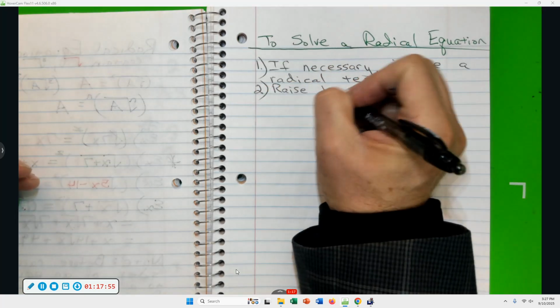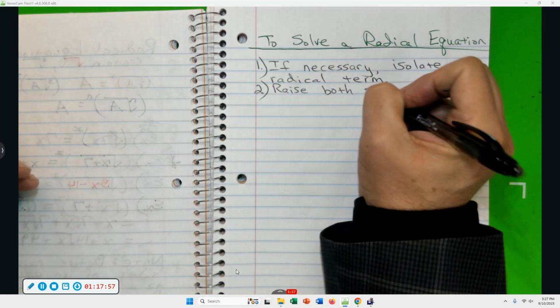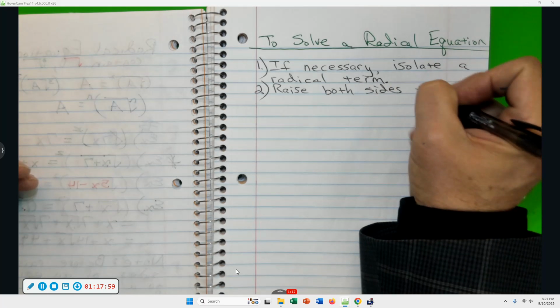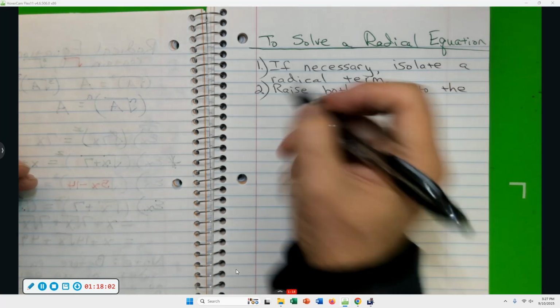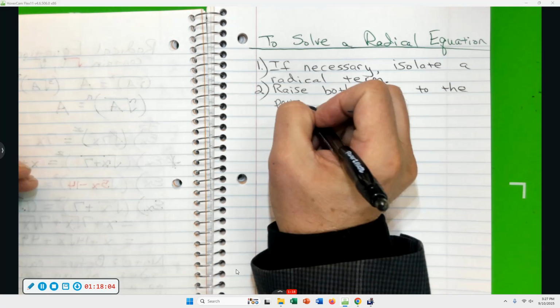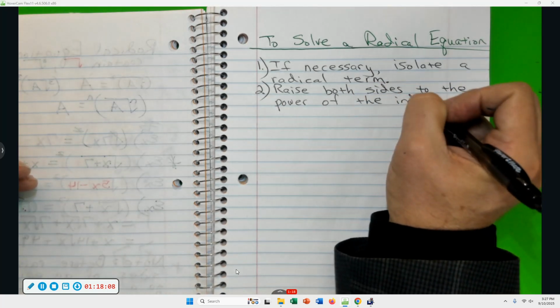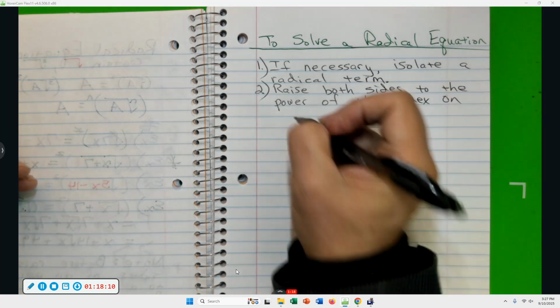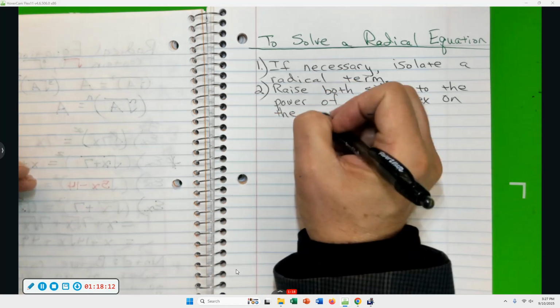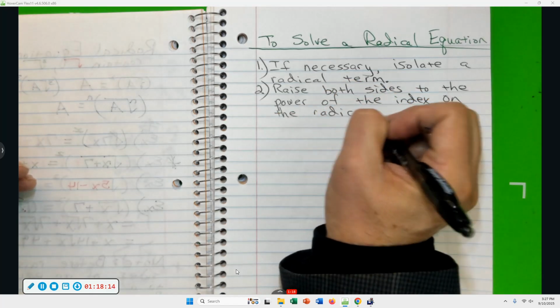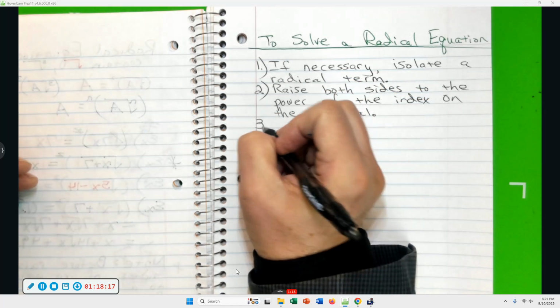Raise both sides to the power of the index on the radical. So square roots, cube roots, so forth.